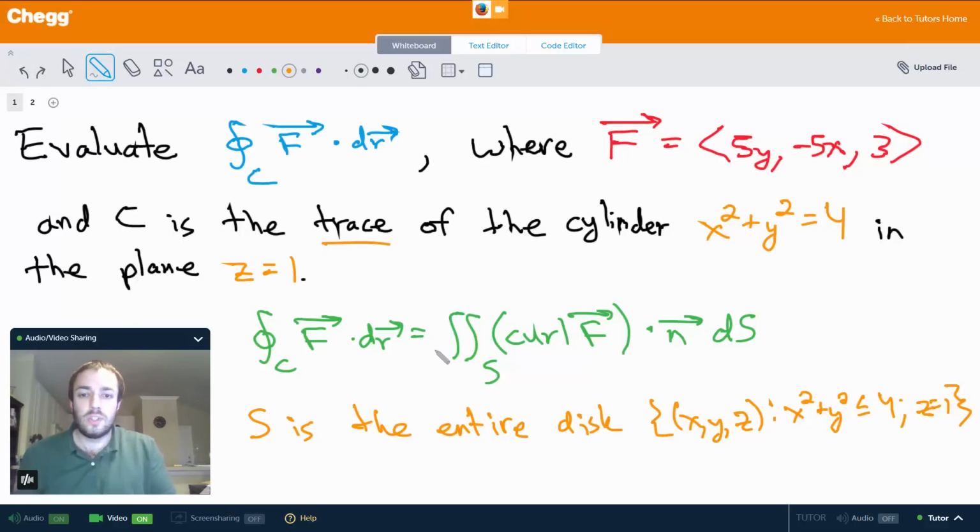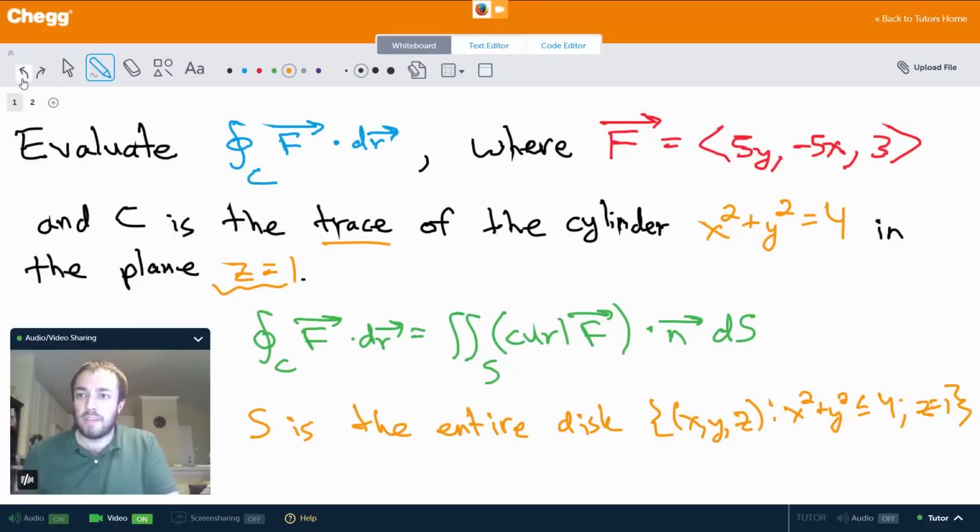In order to do this, we have to identify the curl of f and what n is. Well, n is pretty easy because it's the outward unit normal, and we have a flat horizontal plane, z equals 1, where the fact that it's 1 is totally irrelevant. All that's important is that we have a flat horizontal plane.